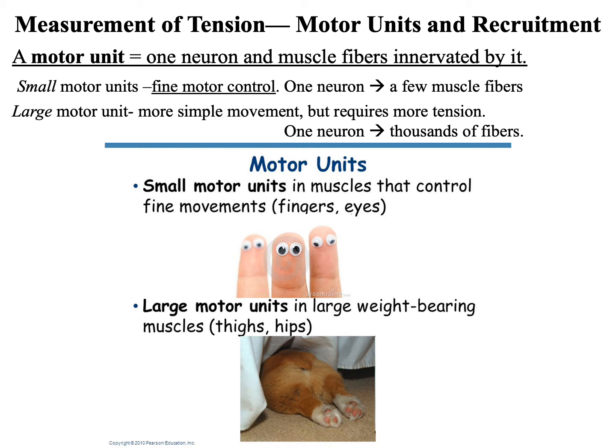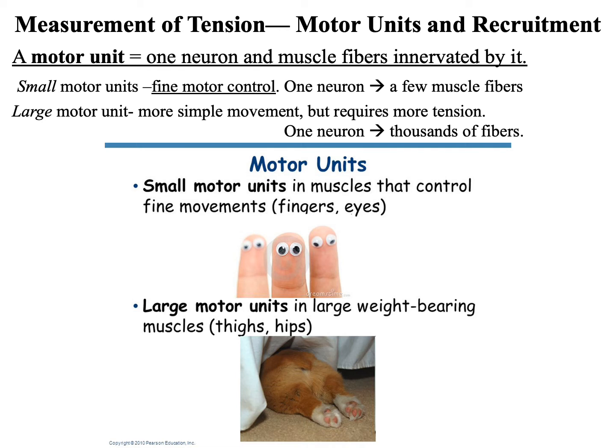The more detailed of a motion you need, the more small motor units you're going to have. So you can move your eyes in so many teeny tiny directions. You can move your fingers in so many different types of directions. But like your thighs, they don't do much. I can take that thigh and contract it and bring my knee straight, or I can relax it and make that knee go back down.